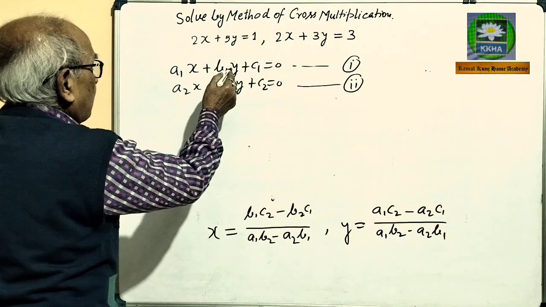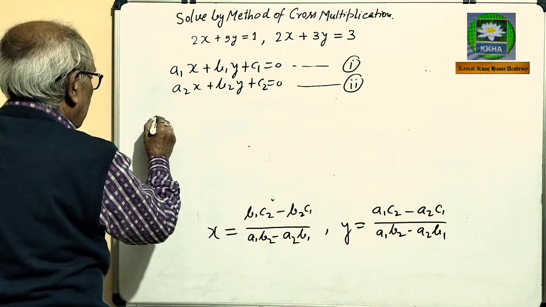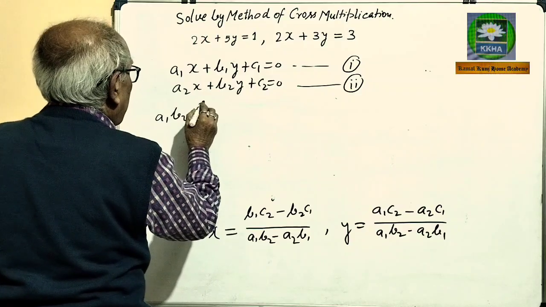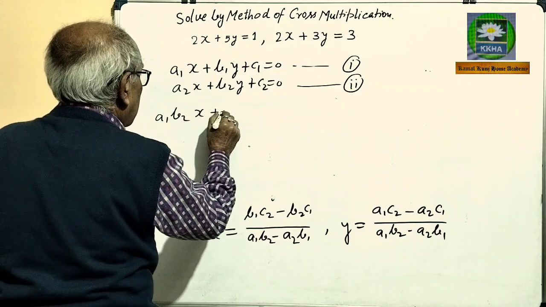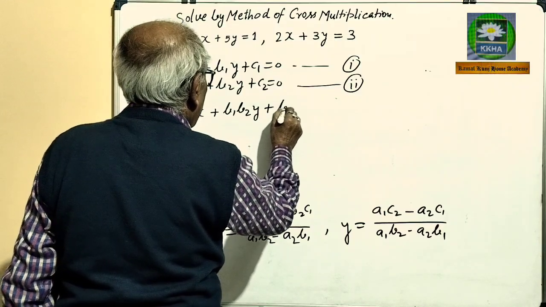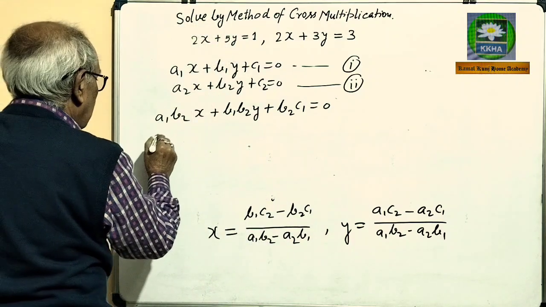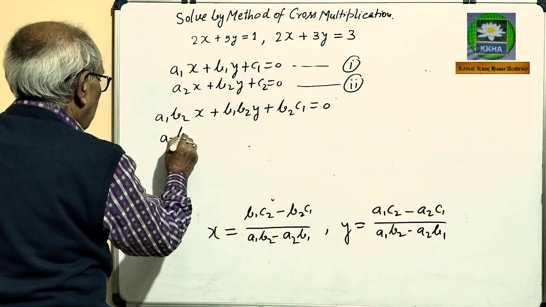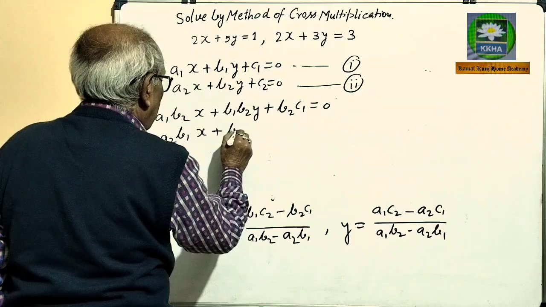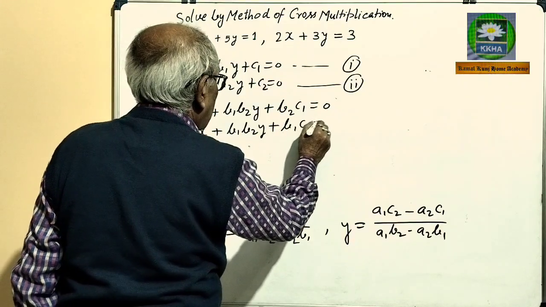Now multiplying equation 1 by b2 and equation 2 by b1, we get a1 b2 x plus b1 b2 y plus b2 c1 equal to 0, and multiplying the second equation by b1 becomes a2 b1 x plus b1 b2 y plus b1 c2 equal to 0.